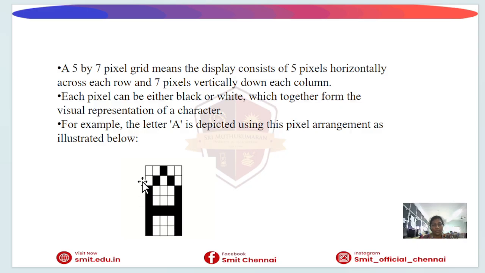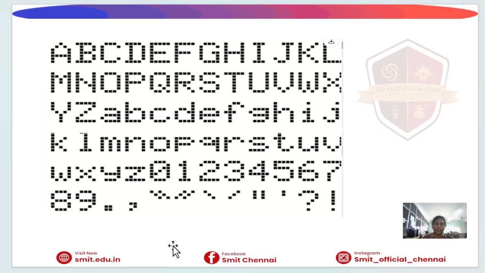For example, A is created by lighting only the specific pixels in the matrix. This allows the LCD to display the letters A to Z, the numbers 0 to 9, and also symbols. This is the LCD diagram showing A, B, C. Every character has a 5 by 7 pixel matrix.